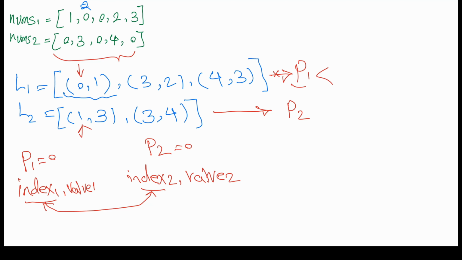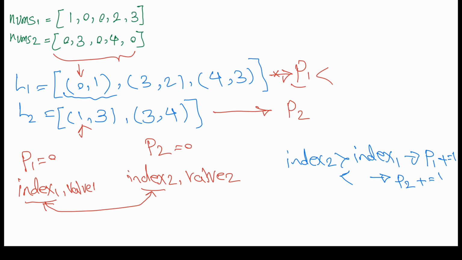So in this scenario, if index 2 is greater than index 1, we have to increase pointer 1 by 1. And exactly the same, if index 1 is greater than index 2, we have to increase pointer 2.